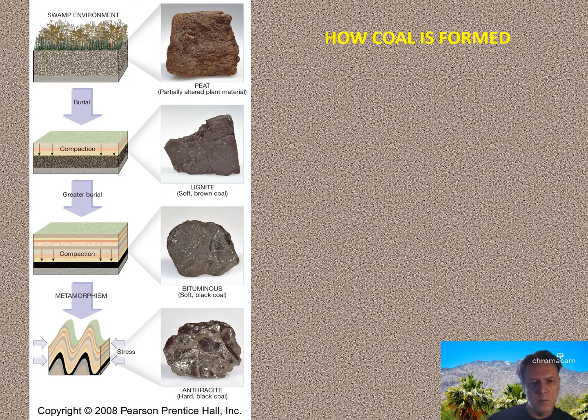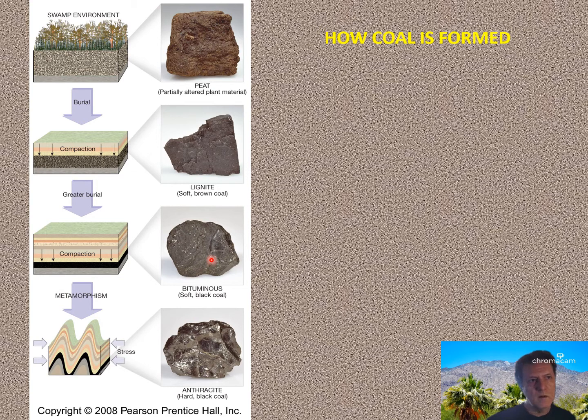It can also be burned to provide energy, light, and heat, but it doesn't have a real high concentration of carbon in it. That comes with greater burial, more time, more compaction, more densification into a coal that we call bituminous coal. So here's peat up here, here's the lignite, here's bituminous coal.